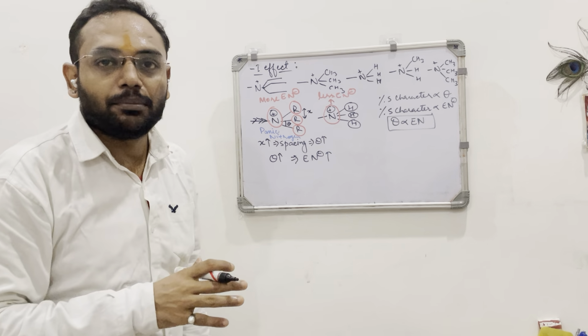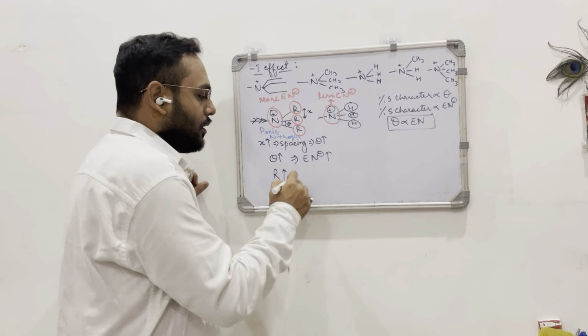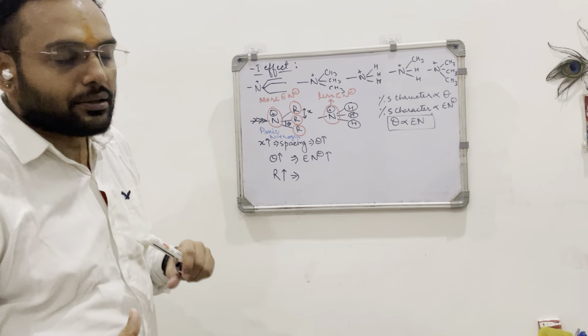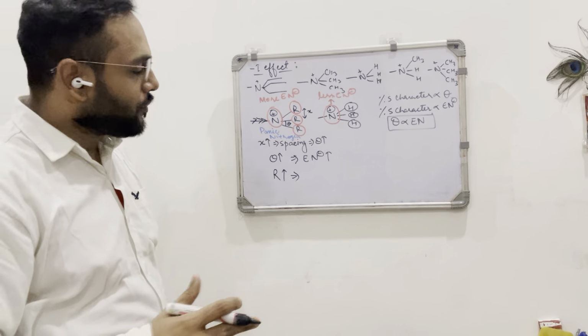Now one more observation I would like you to understand over here, that as the value of R increases, or as R becomes more bulky, the value of van der Waals repulsion will also increase, and in turn this electron withdrawing nature will also increase.